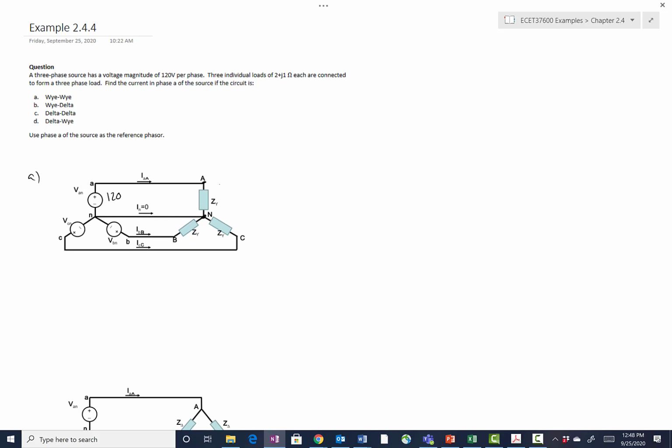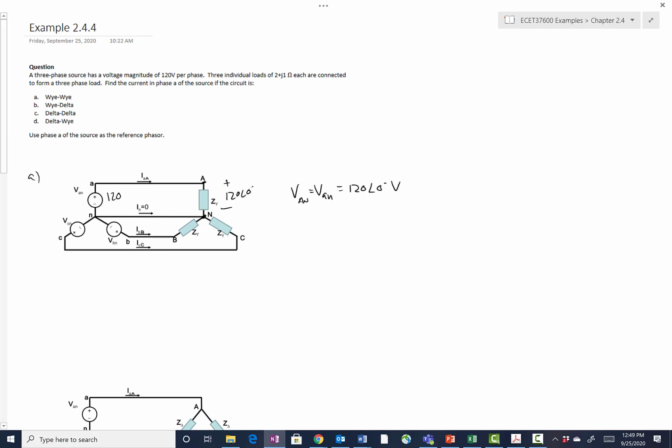So we can just by inspection see that the voltage that is across ZY right there is 120 volts. So VAN is equal to 120 at angle 0, since A is our reference. So that's the voltage across that is also 120 angle 0, just because of the circuit configuration.